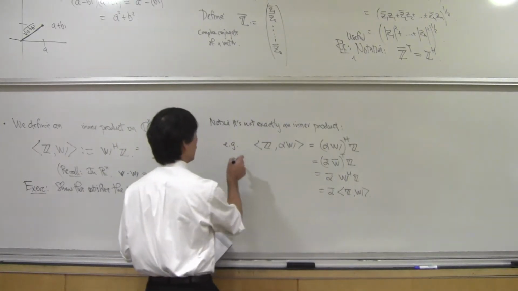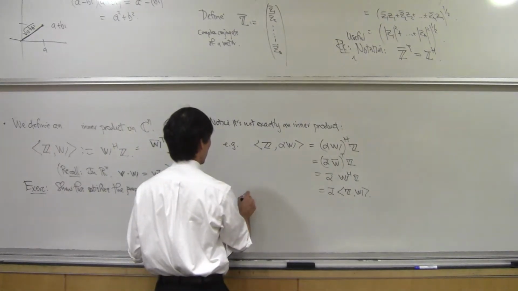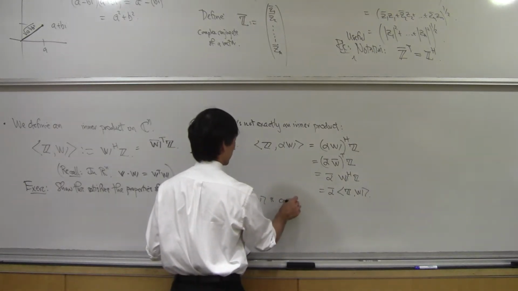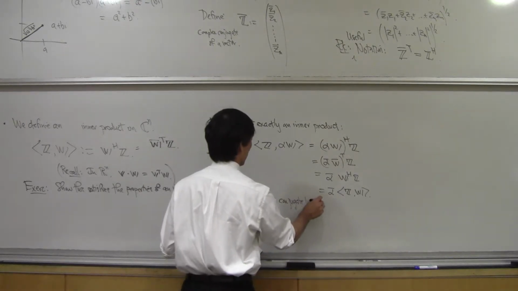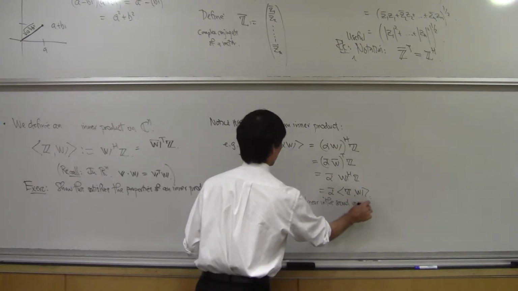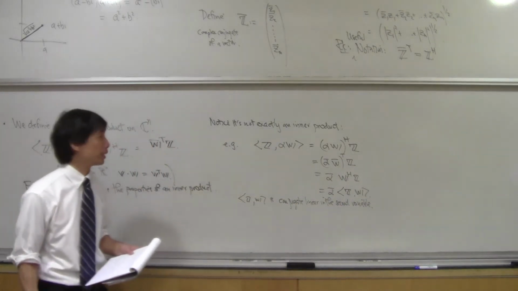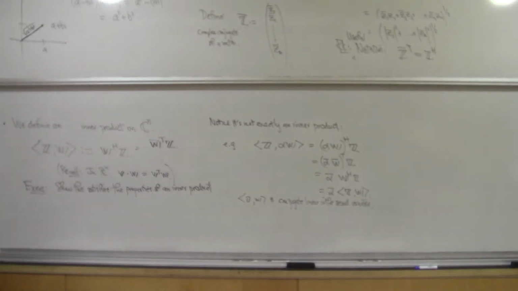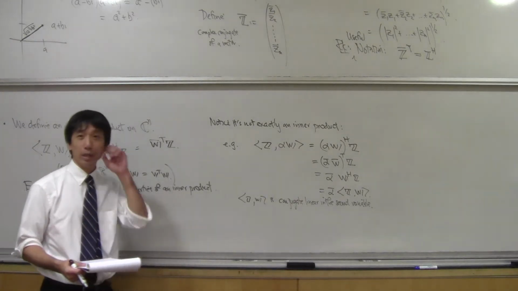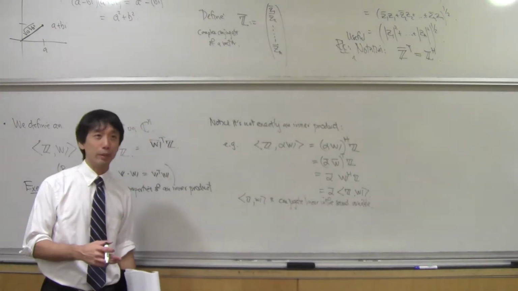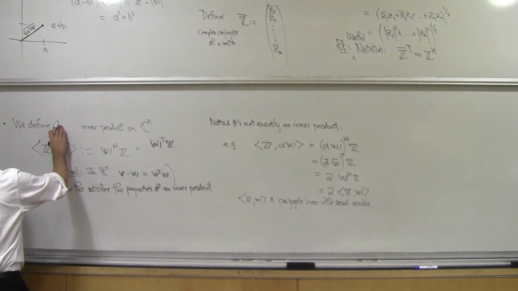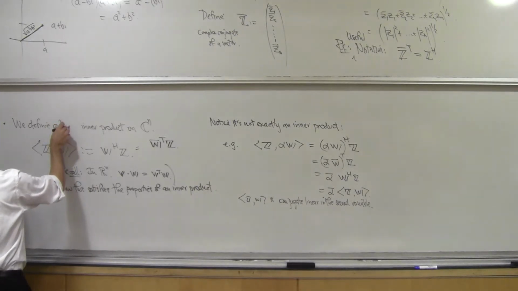It's linear in the first variable, but it's something called conjugate linear in the second variable. So it's not the inner product that we were talking about before. It is actually what's called a complex inner product.